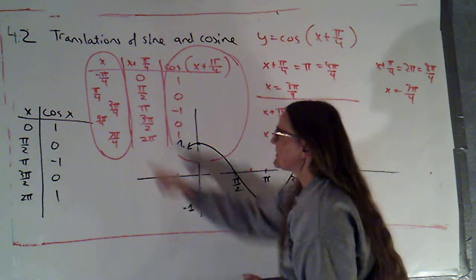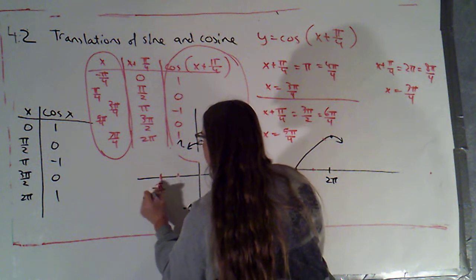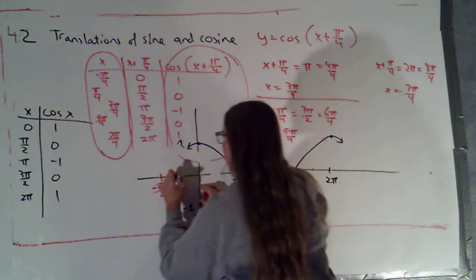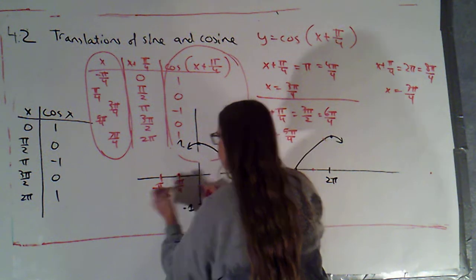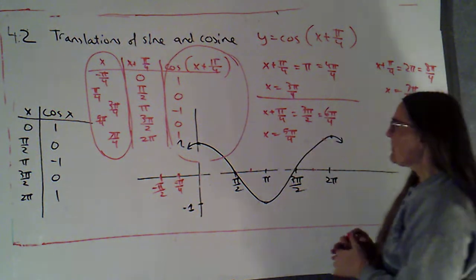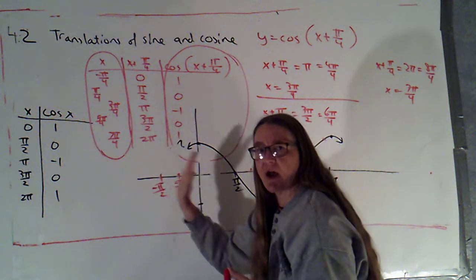Now in thinking about this, I need to start at negative pi over 4. Now I know that negative pi over 2 would be my first negative quadrantal angle, and negative pi over 4 is just halfway in between negative pi over 2 and 0. And if I think about it, I got all of these values by just starting with these values and subtracting pi over 4.